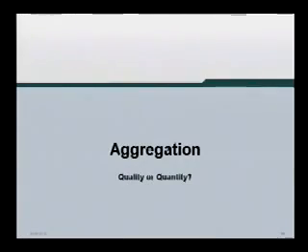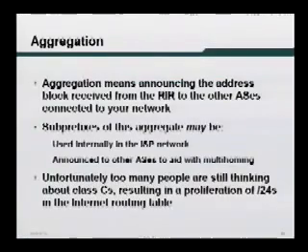Now, aggregation. Aggregation basically means announcing the address space that you get from the regional registry to the other autonomous systems connected to your network. I mean, it's such a simple concept, but this is the one that seems to be causing huge amounts of issues.